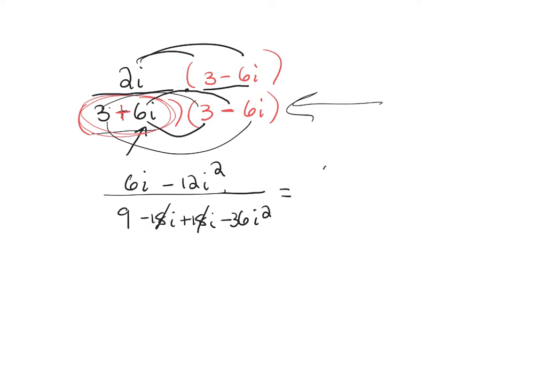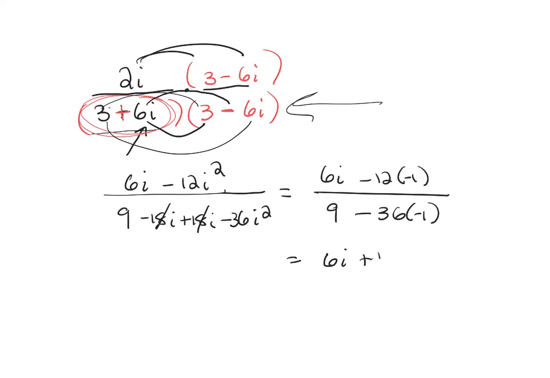All right, so let's break this down. I've got 6i minus 12 times negative 1 over 9 minus 36 times negative 1. So 6i plus 12 over, that would turn into 9 plus 36, which is 45.